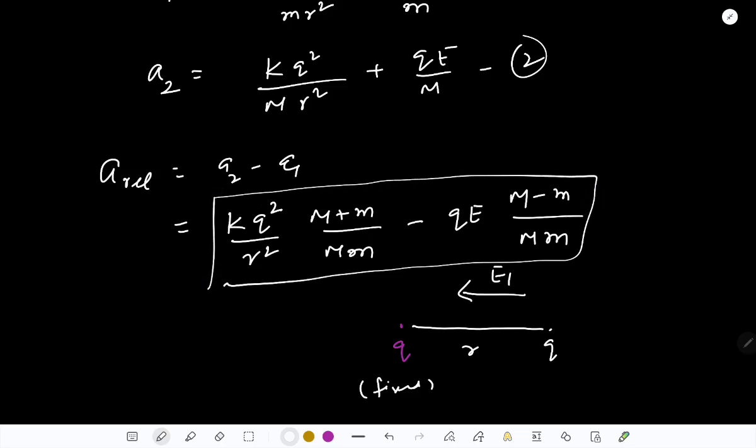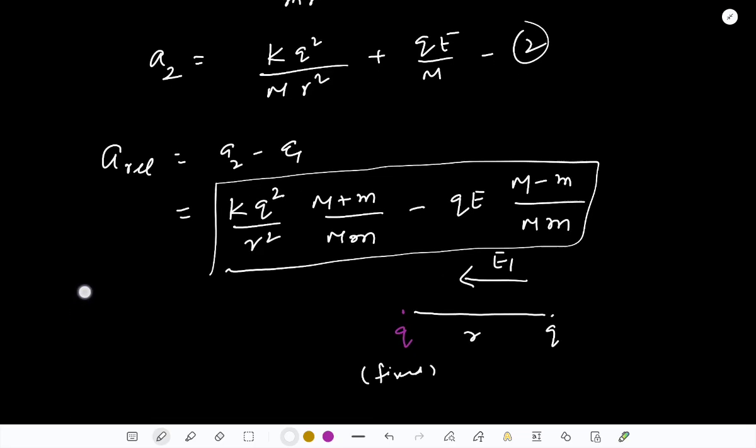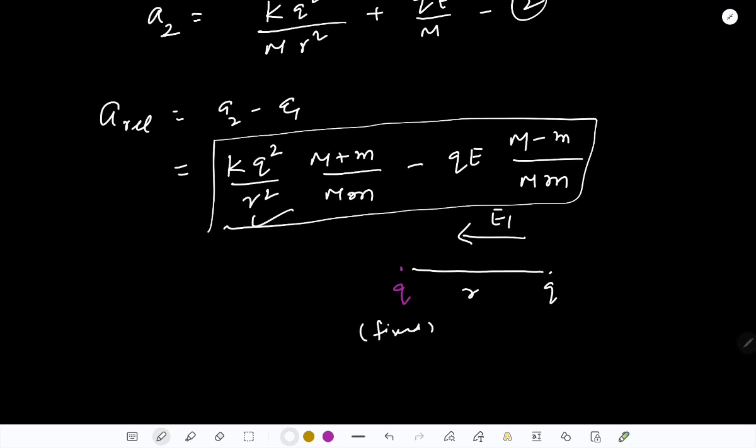If you closely watch this equation, this same equation describes the motion of a point charge q with mass mu, and mu is nothing but mM divided by m plus M. This is sometimes called the reduced mass.